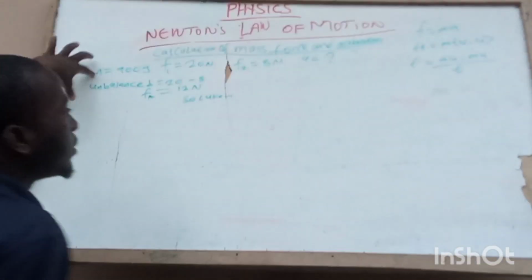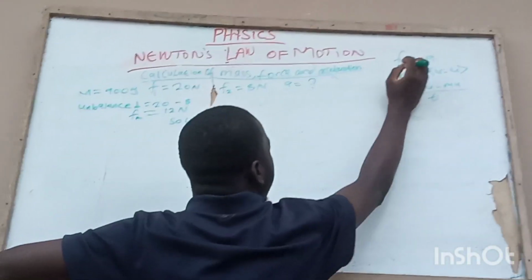So we can say we have our mass, we are asked to find our acceleration, and we have our force. So we can easily use this direct formula, which says F is equal to MA, right?